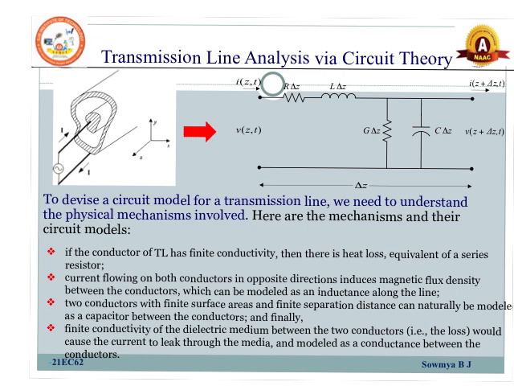Now finally, the finite conductivity of the dielectric medium between the two conductors, that is the loss, would cause the current to leak through the medium, and this is modeled as a conductance between the conductors.